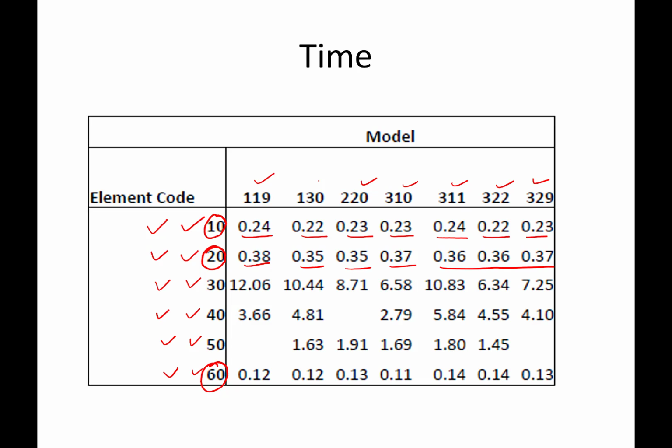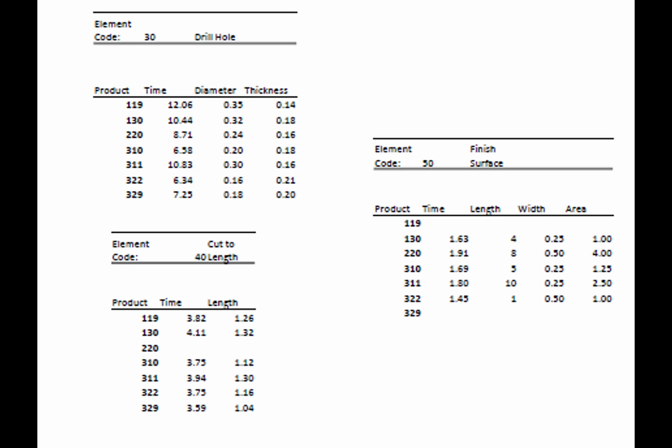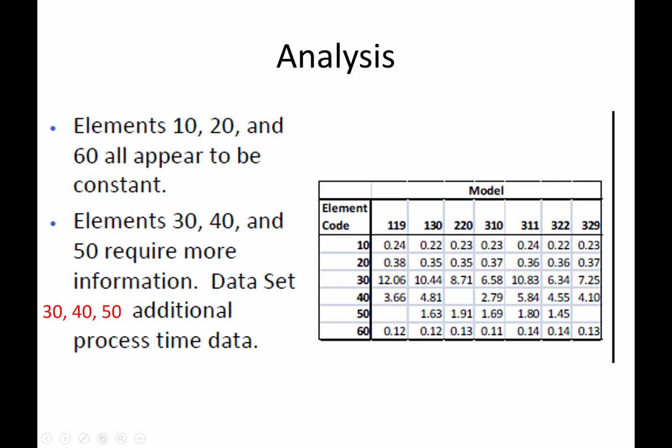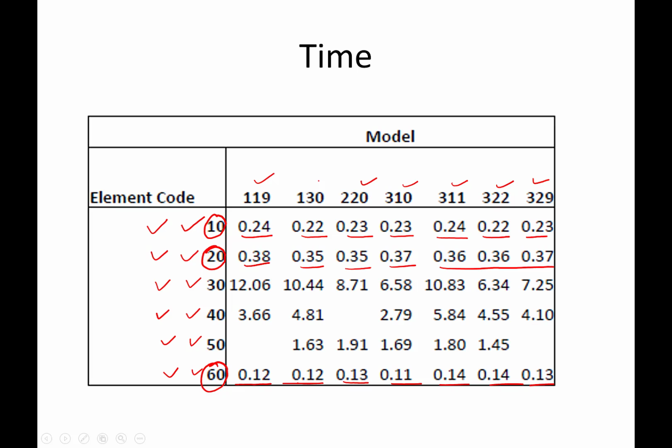Similarly for this element also, the time is almost constant irrespective of the model being manufactured of a particular type of product. So these elements are the constant elements, meaning time is not much affected.